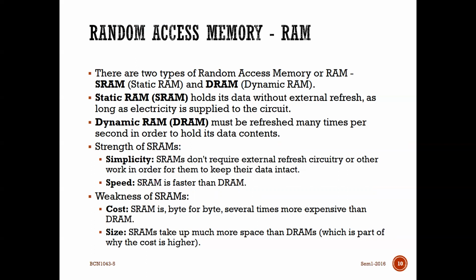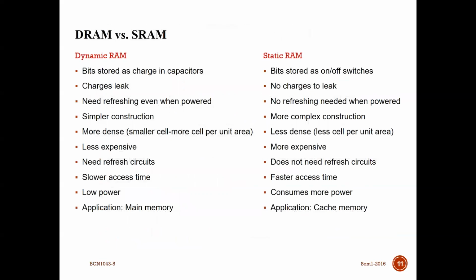SRAM does not require an external refresh circuit or other work in order to keep its data intact. SRAM is faster than DRAM. Weakness of SRAM: byte for byte, it is several times more expensive than DRAM. SRAM takes up much more space than DRAM, which is part of why the cost is higher.